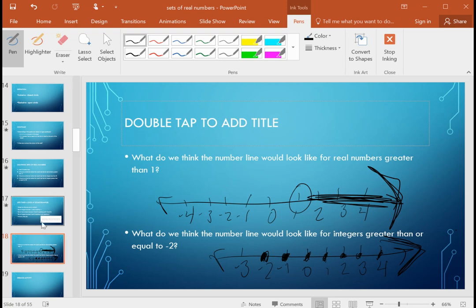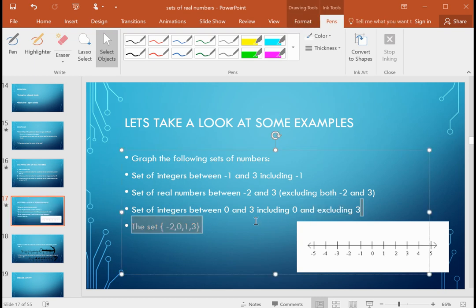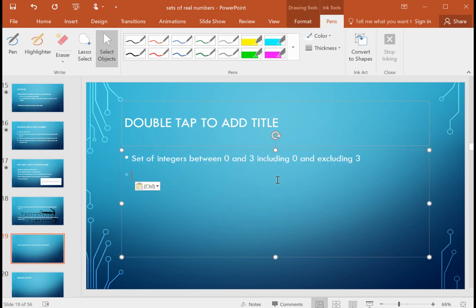Where it becomes a little bit challenging is when we have problems like these. So I'll do the including and excluding. It's the same thing when we're dealing with integers, whole numbers, natural numbers. Then I'm going to do another one, the set of natural numbers between -1 and 3.